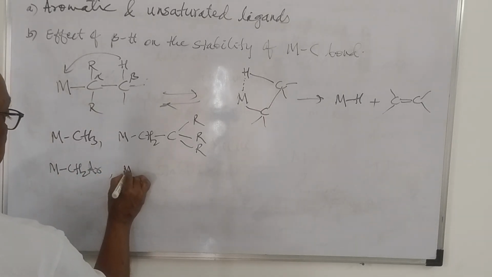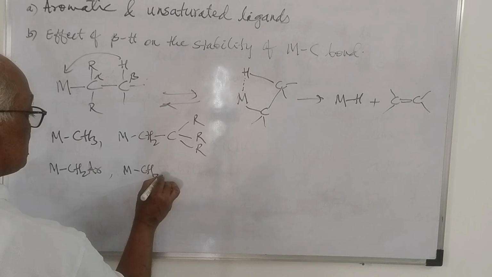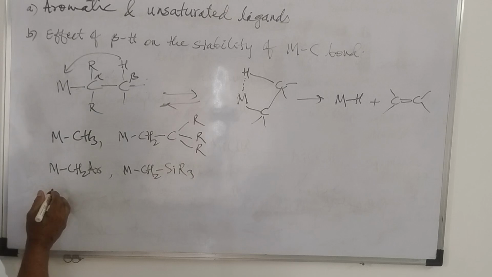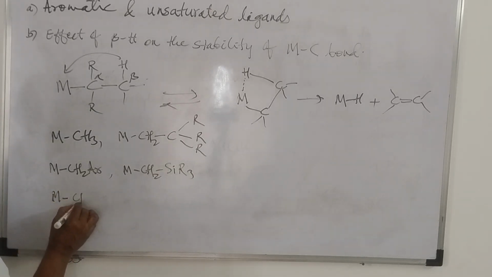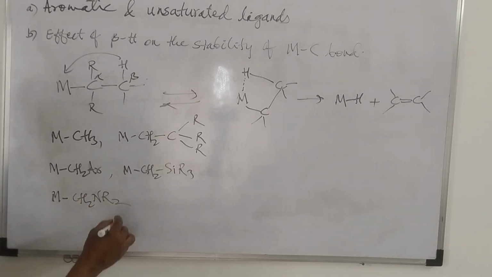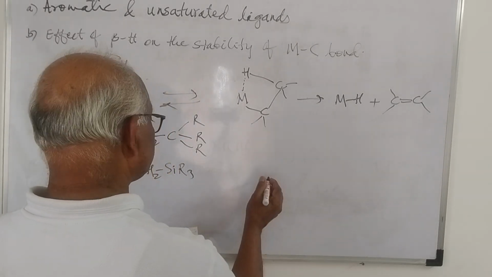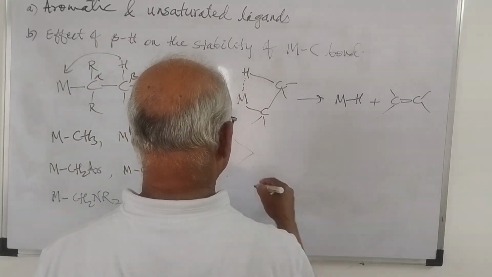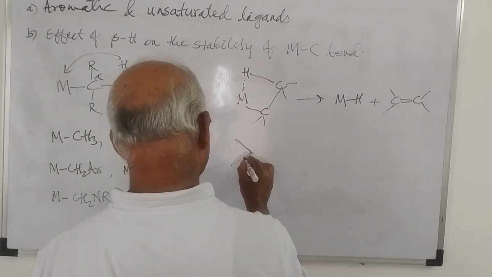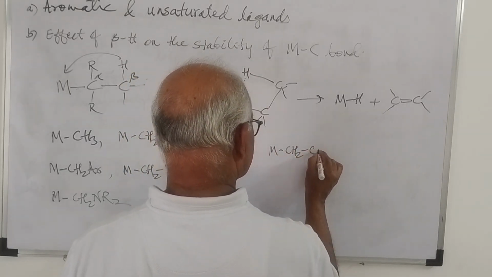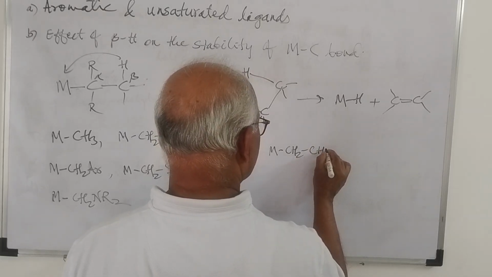Similarly, metal CH2 SiR3, or metal CH2 NR2. So these also give better stability to the complexes. These are more stable than M CH2 CHR2.